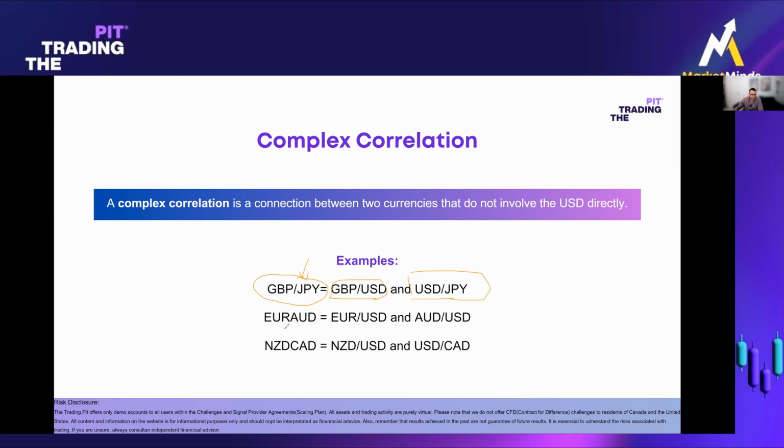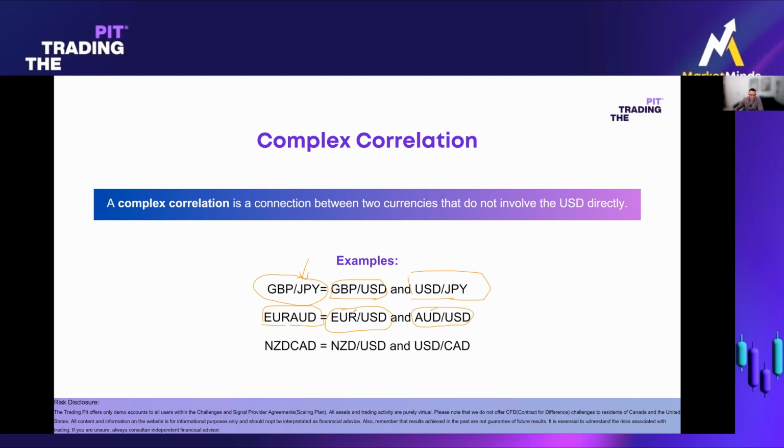Next one, the maths are the same, the equation is the same. If we are trading the euro against the Australian dollar, on the chart, we basically trade the euro against the US dollar, and at the same time, we are trading the Australian dollar against the US dollar.